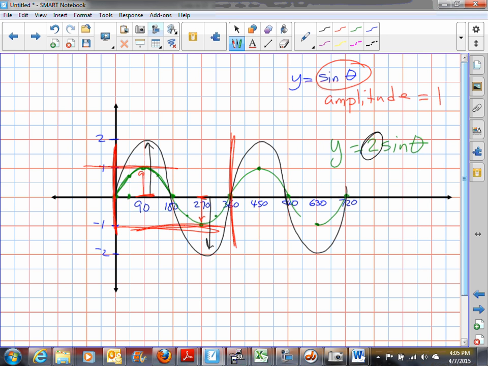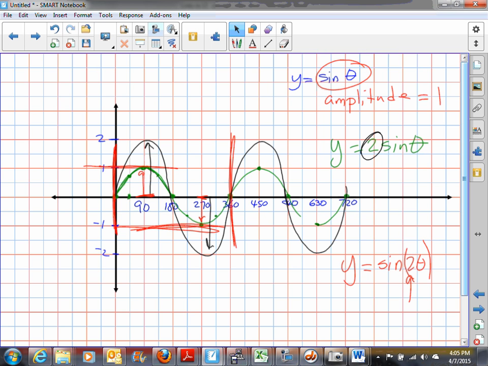Now, you also need to understand about the period. If we were to write, let's say y is equal to sine 2 theta, do you see what we would be doing here is multiplying the input, theta, by 2 before we actually take the sine of it.